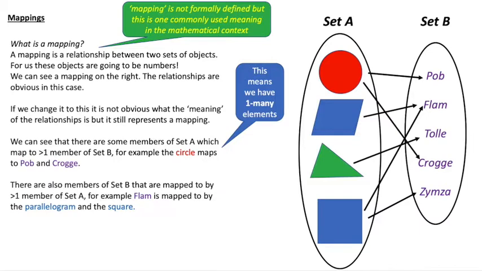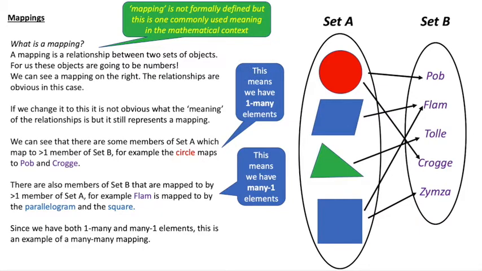And so, this means we have elements where there are many in set A mapping to one in set B, so they are many to one. And because we've got one to many and many to one, then this mapping is a many to many mapping.